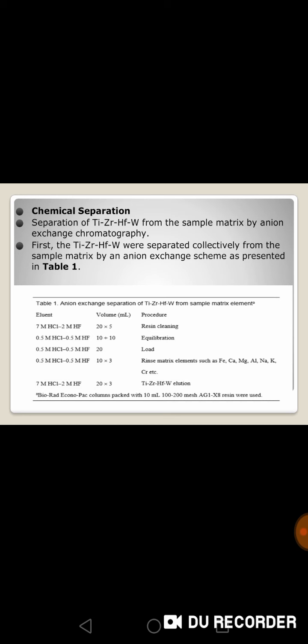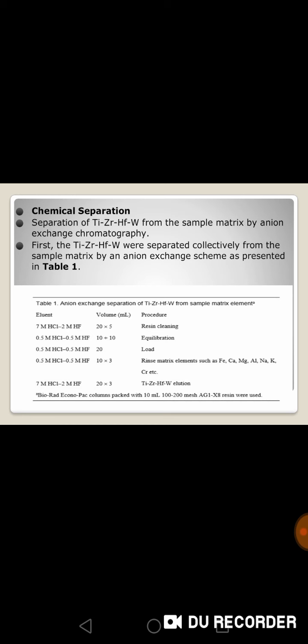Volume is 20 ml. And then the matrix elements, that are iron, calcium, magnesium, aluminum, sodium, potassium, chromium, etc., and all the other elements are eluted after the whole process that I have discussed above.